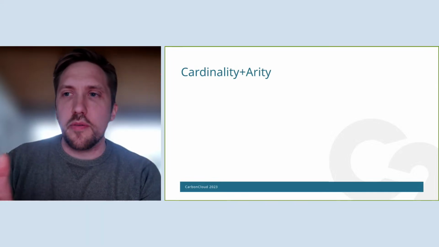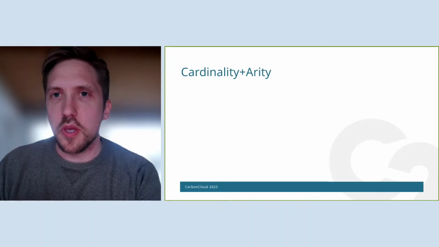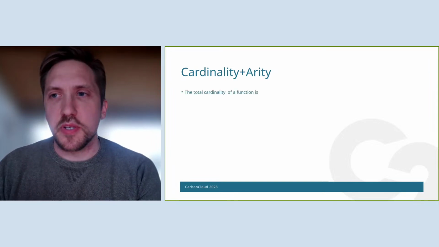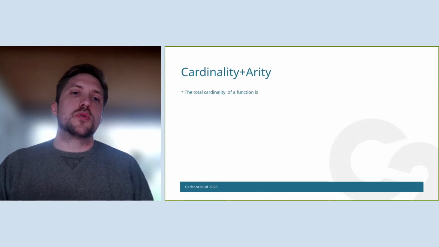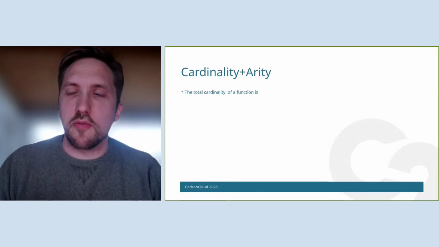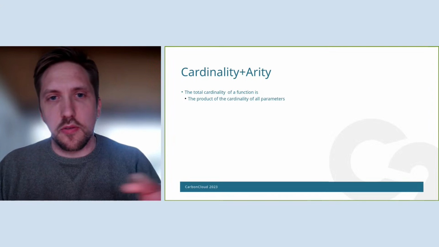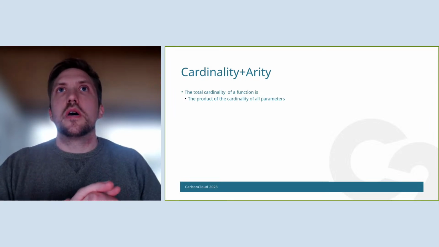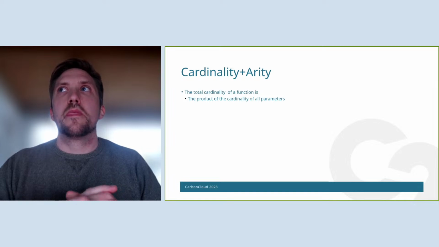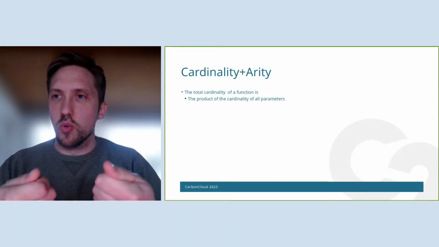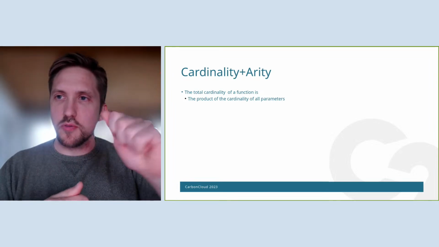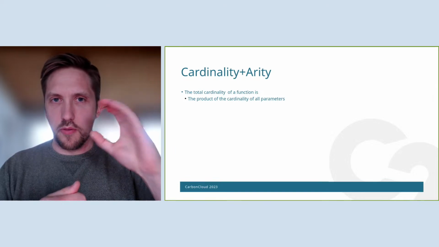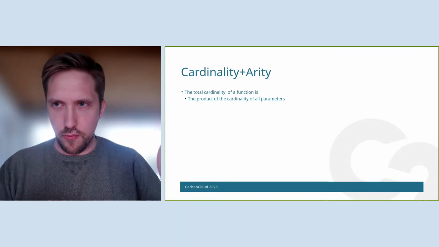When we combine those two, the behavior is in a very precise, specific way. If we want to calculate the total cardinality of a function, it's the product of the cardinalities of all parameters. If you have a function that takes 2 Bools, one Bool can be in 2 different states, but for each value of the first, the other can be 2, so it's 4, right?